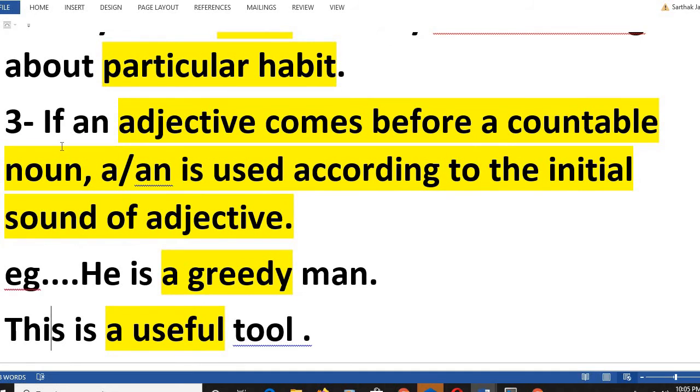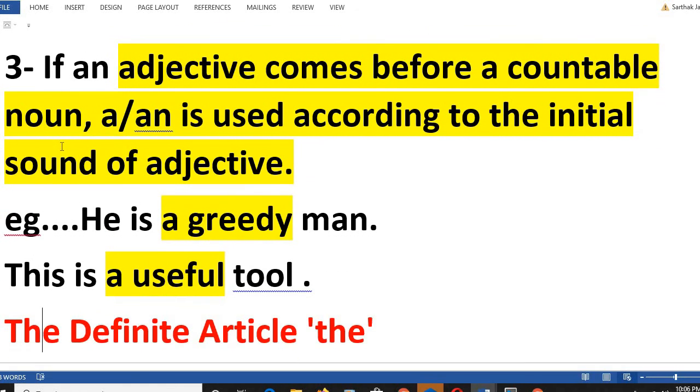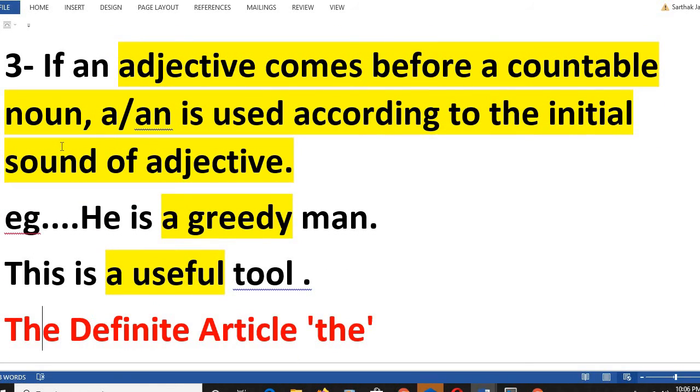Third point to be noted, if an adjective comes before a countable noun, a or an is used according to the initial sound. For example, he is a greedy man. Greedy is an adjective, and we will put a according to the sound G is creating, the G sound.